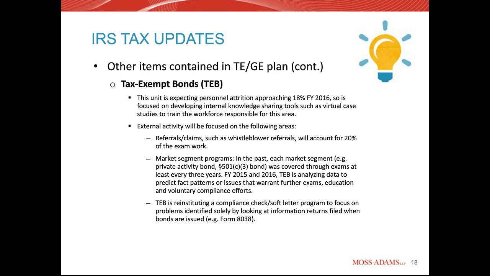When a tax-exempt bond is issued, the form 8038 is filed, and just by the IRS looking at that initial form can trigger a lot of questions. So we're going to be seeing that as well.